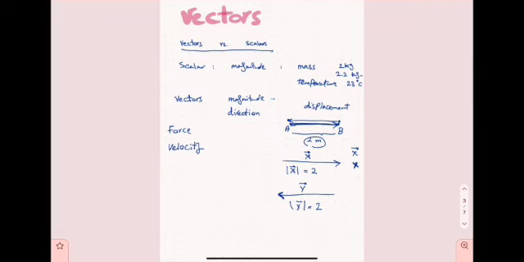However, vectors have magnitude and direction. For a displacement, if we are in a car going along a road, it's not enough to say that we moved 3 meters, because we can move in any direction.